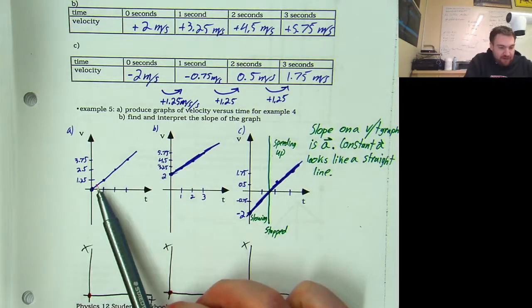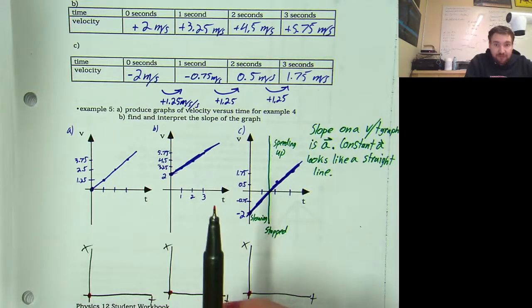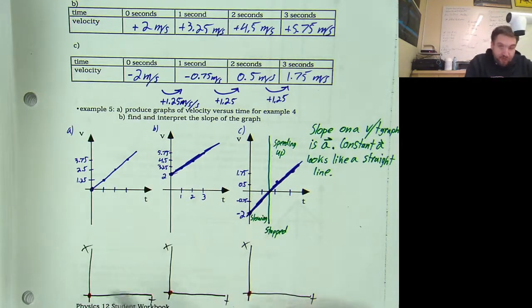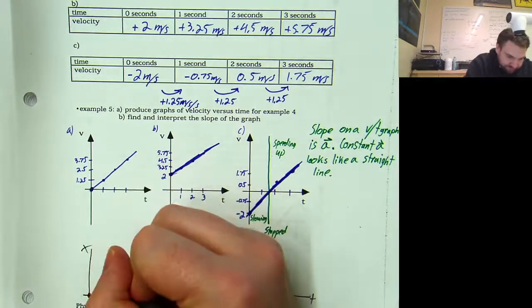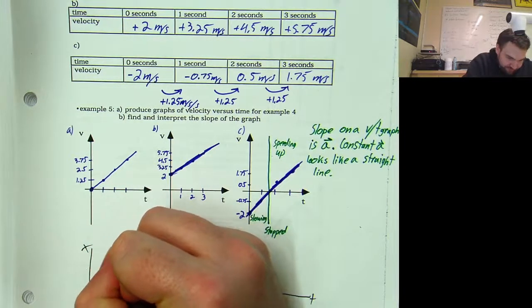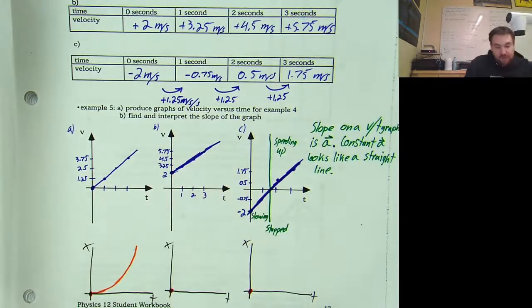I've got an accelerating object, so the velocity is not constant. A constant velocity would be a straight line. But I've got a constant acceleration now, which means my velocity is increasing. So on a position time graph, that's what acceleration is going to look like. A constant acceleration is going to look like a curved line like this.